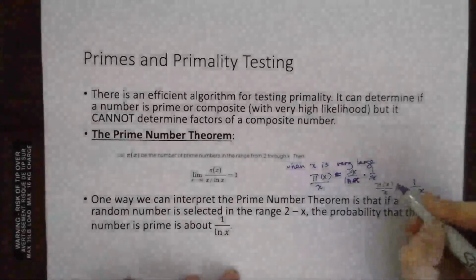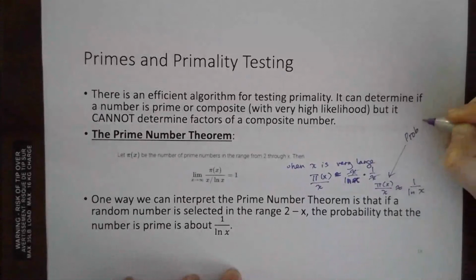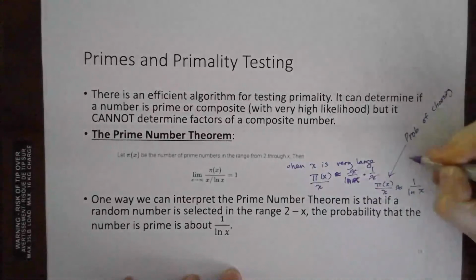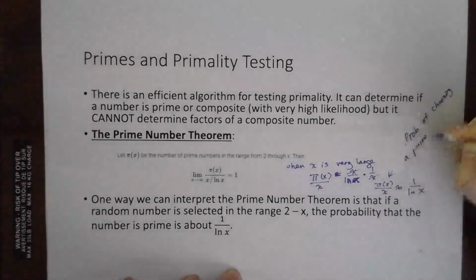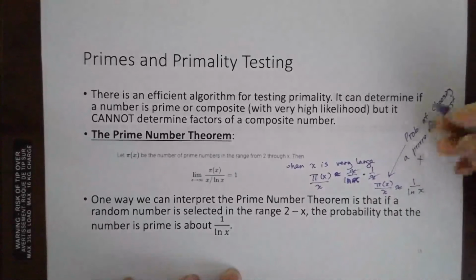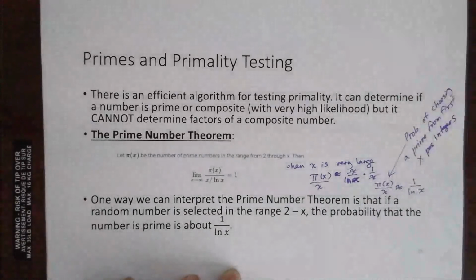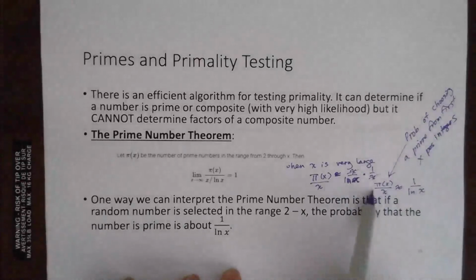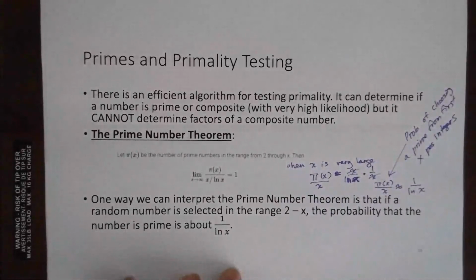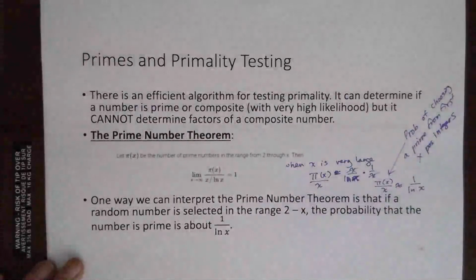This part right here is the probability of choosing a prime from the first x positive integers. And that probability is roughly 1 over the natural log of x. That's what this theorem is kind of working with.